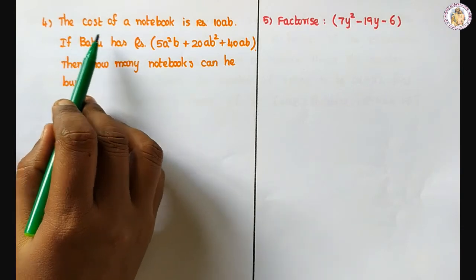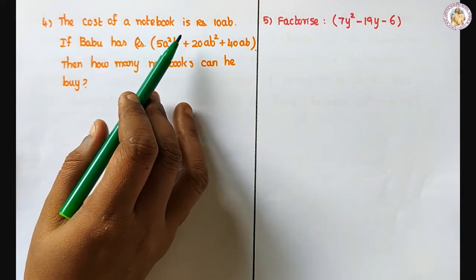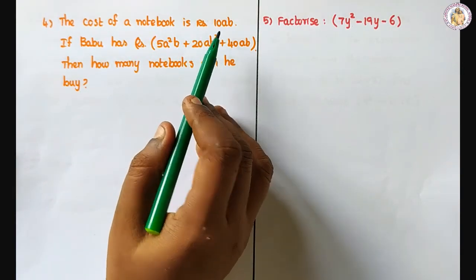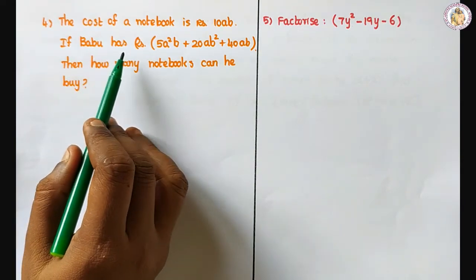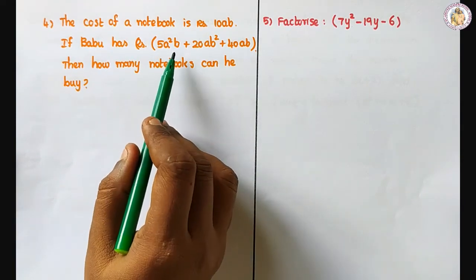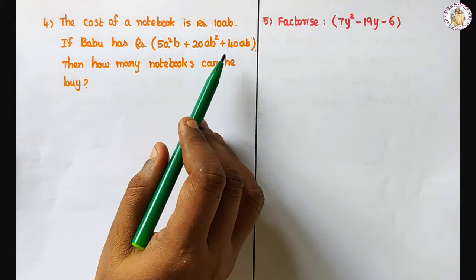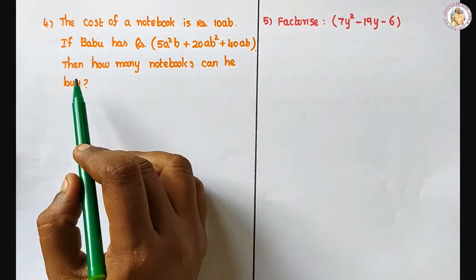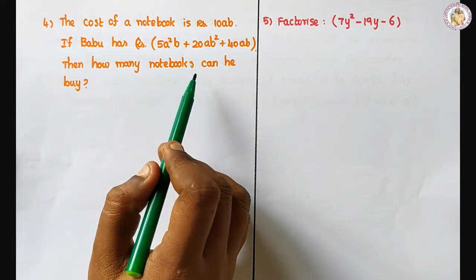Fourth one, the cost of a notebook is rupees 10ab. If Babu has rupees 5a squared b plus 20ab squared plus 40ab, then how many notebooks can he buy?